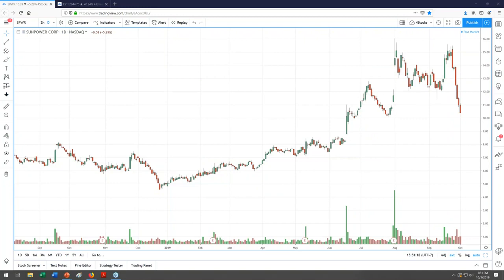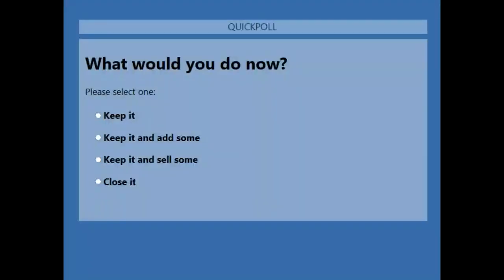So let's go through the poll first, and let's see what you guys are thinking about this. What should we do at this point? Should we close the position? Should we keep it? And what would be the logic behind keeping this position? Okay, well, interesting.